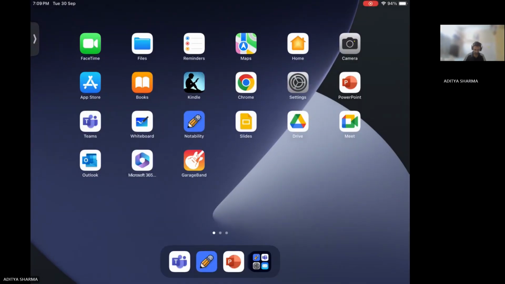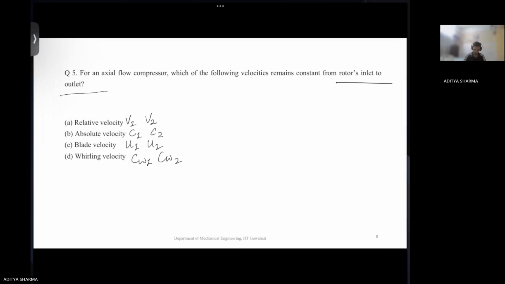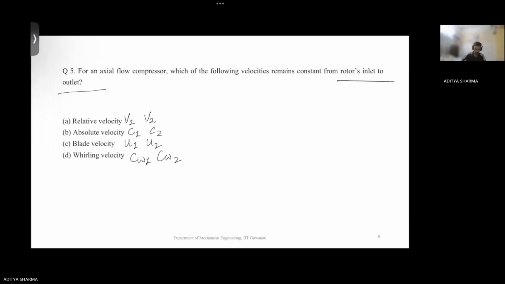So in that case, U1 is equal to U2 equals U. C is the correct option to this question. So, that was question number 5.